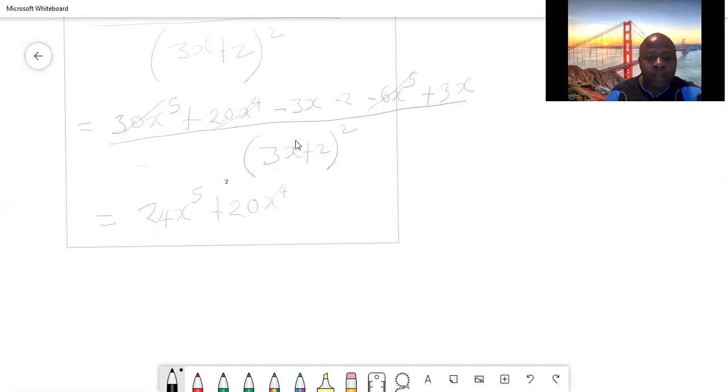We are done with it. And this will give us 0. So minus 2 over 3x plus 2 square. That's how we do that.